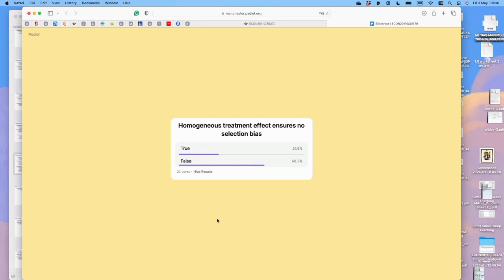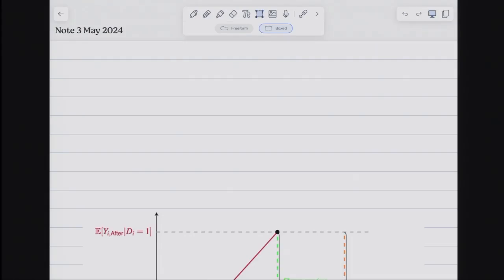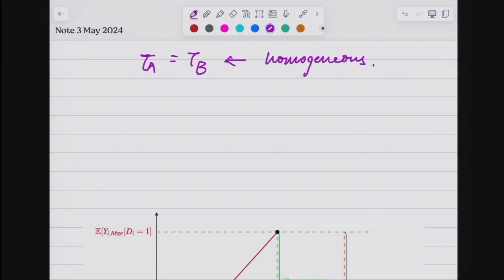Homogeneous treatment effect basically means that the treatment effect is the same across all individuals. So suppose we have 2 individuals, individual A and individual B. Then homogeneous effect basically means that the tau, the treatment effect for individual A, is the same as that for individual B. So we have homogeneous effect.